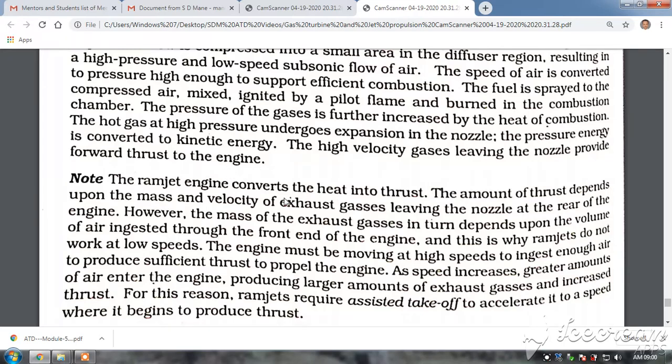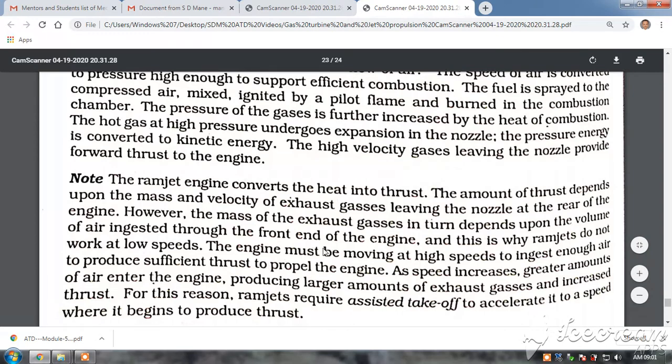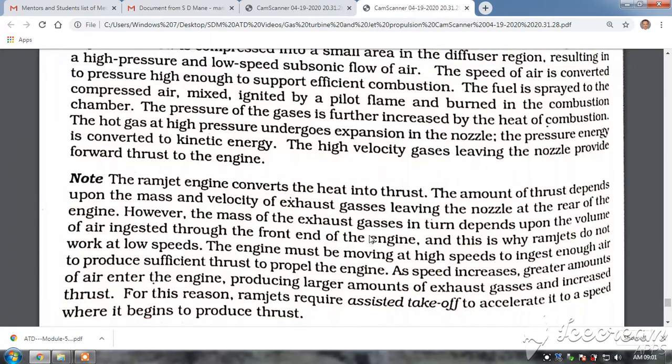The ramjet engine converts heat into thrust. The amount of thrust depends on the mass and velocity of the exhaust gases leaving the nozzle at the rear of the engine. However, the mass of the exhaust gases in turn depends on the volume of air ingested through the front of the engine, and this is why ramjets do not work at low speeds. Please understand, these cannot work at low speeds.